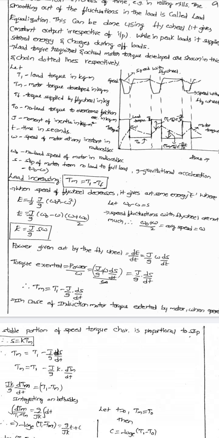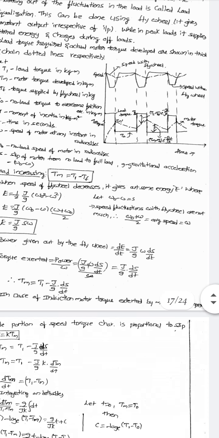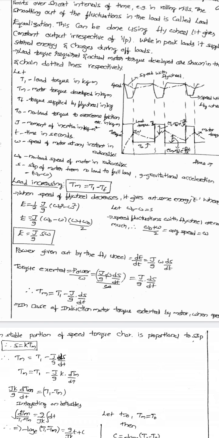Now see here, when the speed of the flywheel decreases, it gives out energy E equal to 1/2 J/g (omega naught squared minus omega squared). J is the moment of inertia and g is the gravitational acceleration.